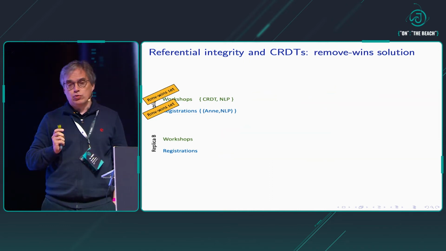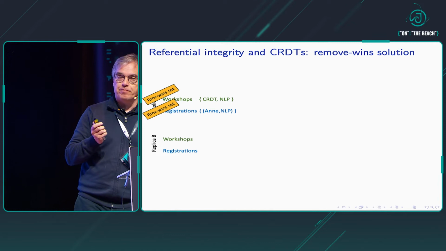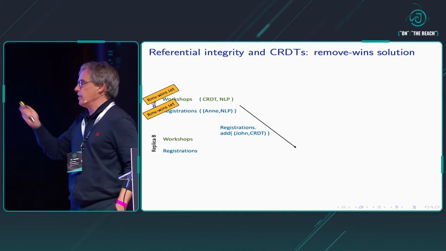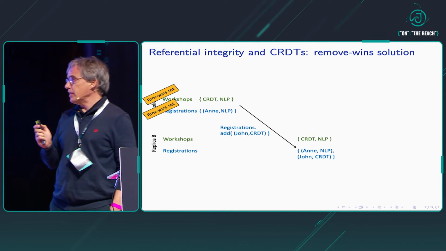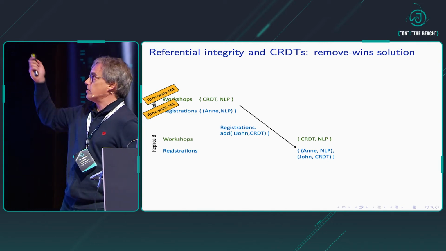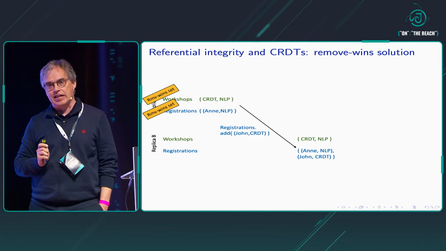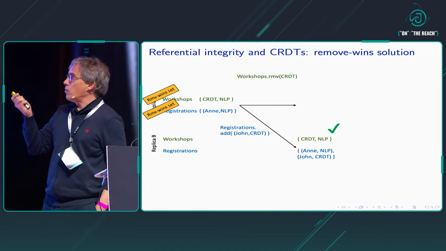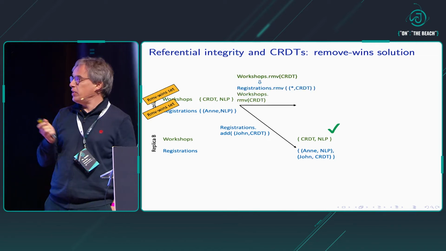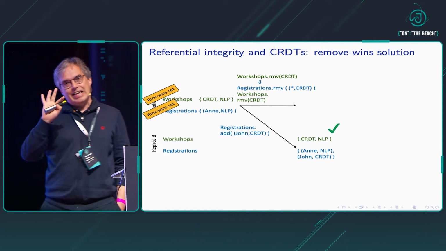We can also do it in the remove wins solution. Basically, for the add operation in this case for remove wins, we just keep the add registration, and now for removing the CRDT workshop, we need to do something a little fancier.